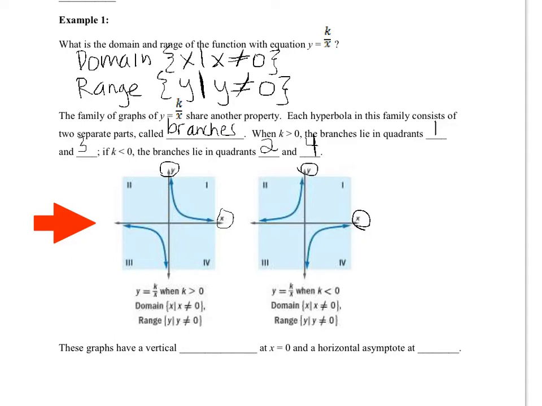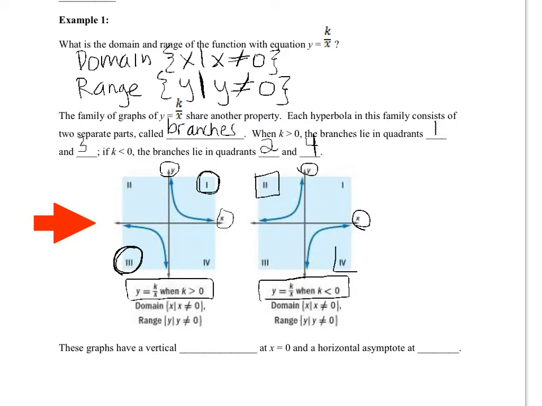If k is greater than 0, which is this graph on the left, so it's a positive number, then you have a graph in quadrant 1 and quadrant 3. But if y equals k divided by x and k is less than 0, so it's a negative number, then the branches of this hyperbola move to quadrants 2 and 4. So that's the difference.